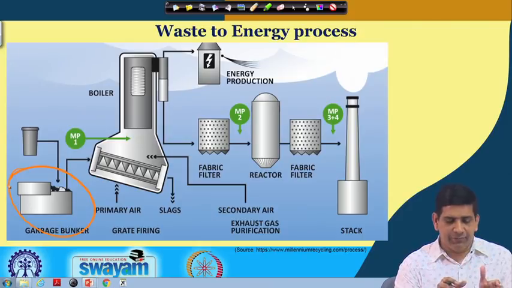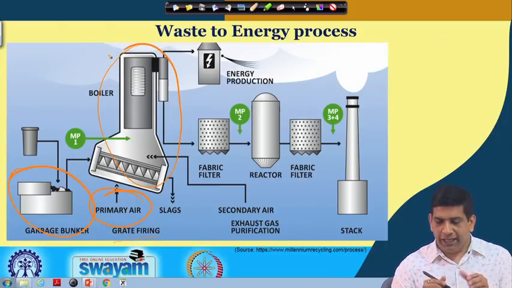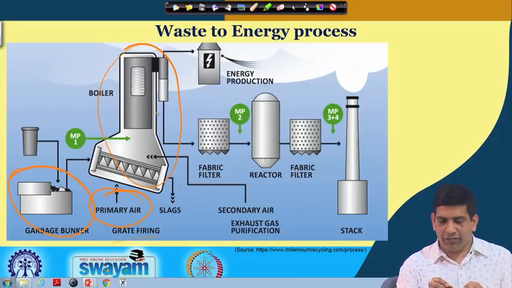This is the garbage bunker, where the waste is getting fed into the boiler. Then you apply air through an air supplier. You have grate firing happening inside, where the waste is being treated, and once it's treated, the heat is used in the boiler for energy production.